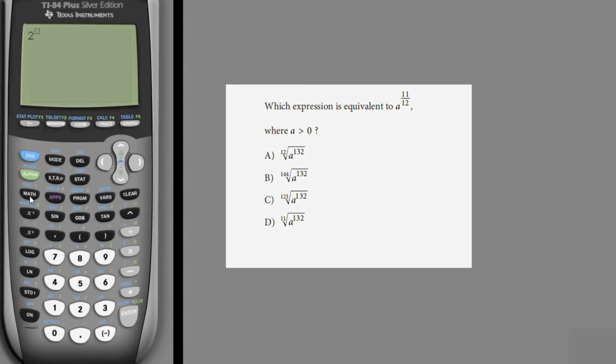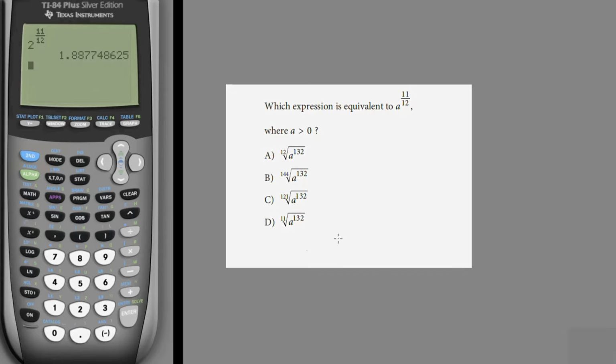Now you press the smart button, go to number, so this is the fraction we need. Press enter, then 11 over 12. Let's see what it gives us as output. We get 1.88. Now this is the output for this expression when a is 2.